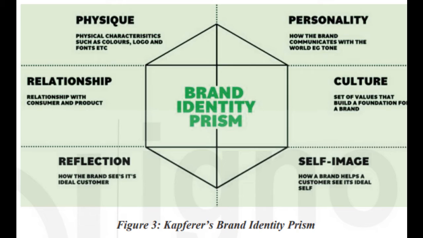The culture is the soul, the inner part, the motivation of the brand, that is the core identity. Although the last two elements, reflection and self-image, sound similar, considering the internalization and externalization aspects, their difference can be easily understood. 5. Reflection. As the name suggests, it reflects the ideal target customers.